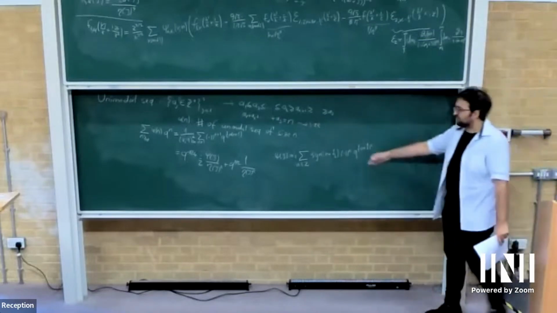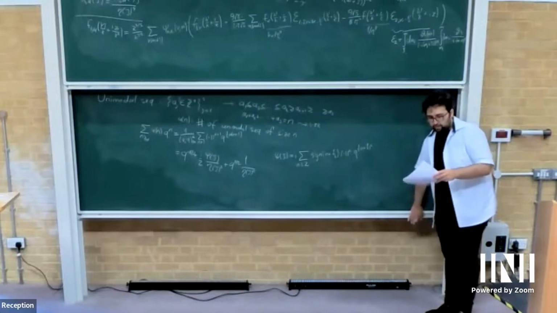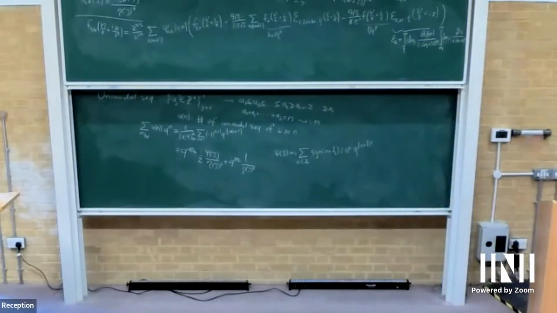So this sign ensures this thing is not zero. Good. So both theta functions can be discussed in a way very similar to indefinite theta functions, and a lot has been done in recent years.